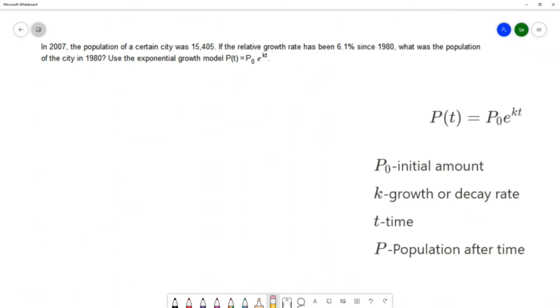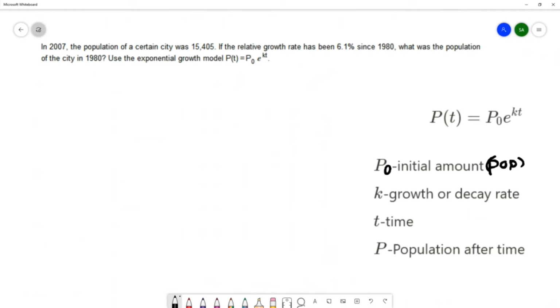Let's take a moment to explore the different variables here. P naught is the initial amount, the initial population. This P naught has a 0 here. That's what I'm calling the naught.